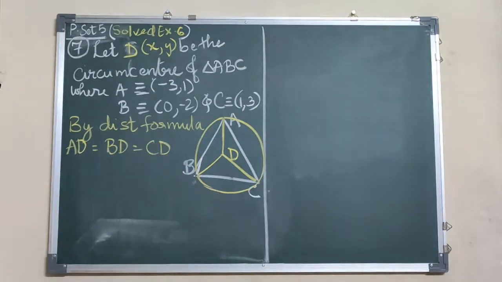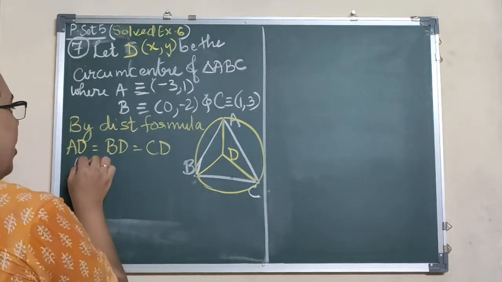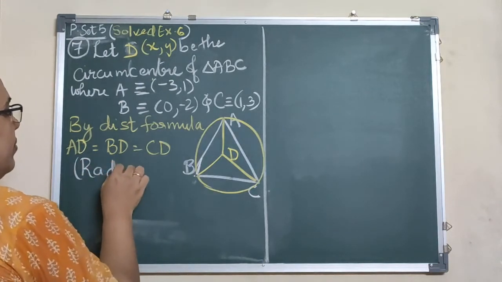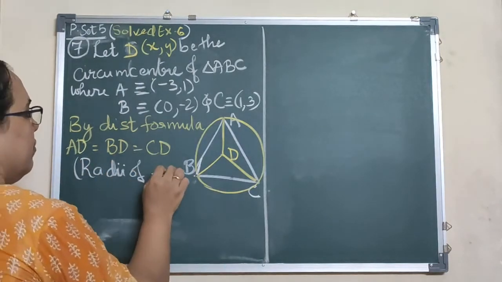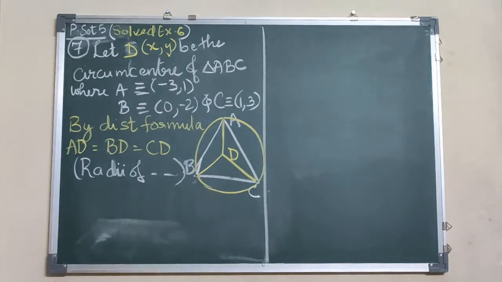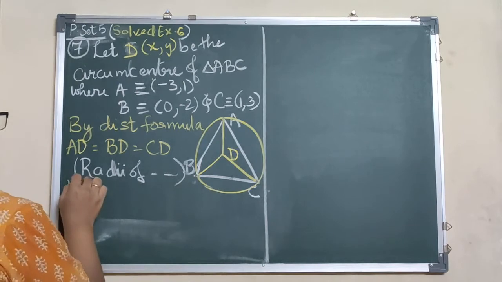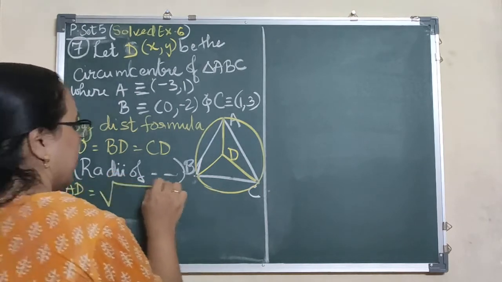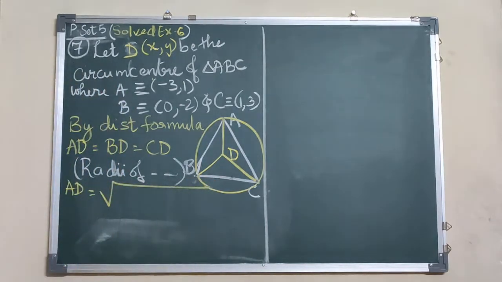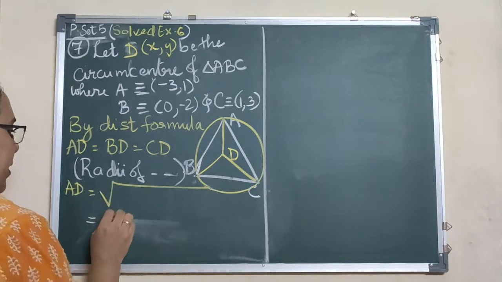Why are they equal? Because they are radii of the circumcircle. Is that very clear? So we find AD using the distance formula. I am not going to write this again, girls, you are going to fill in.